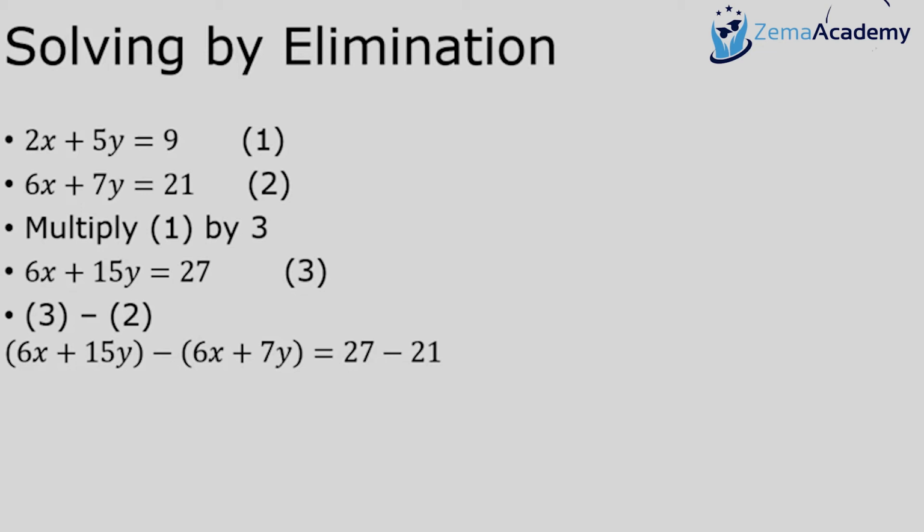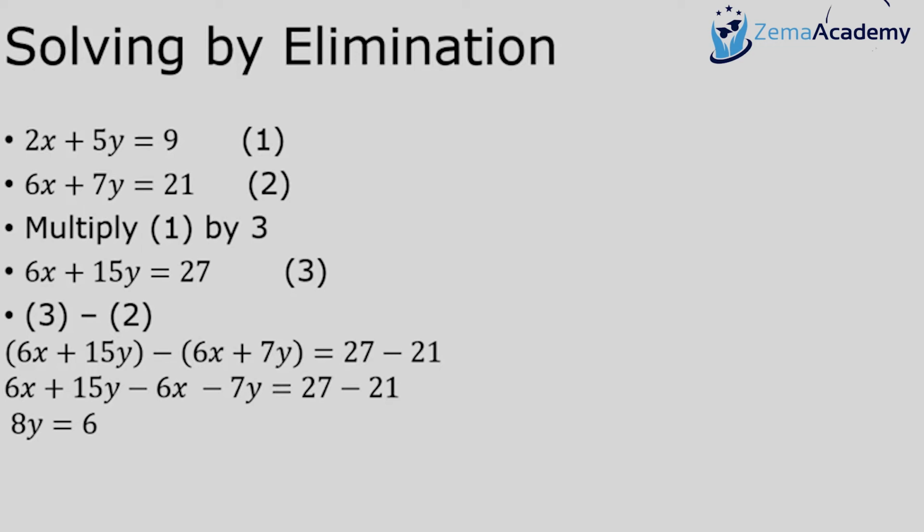Again, with this, always be careful of those negative signs. So when I multiply that out, I've got 6x plus 15y minus 6x minus 7y equals 27 minus 21. The 6x minus the 6x disappears. 15y minus 7y is 8y. And 27 minus 21 is going to give me 6.